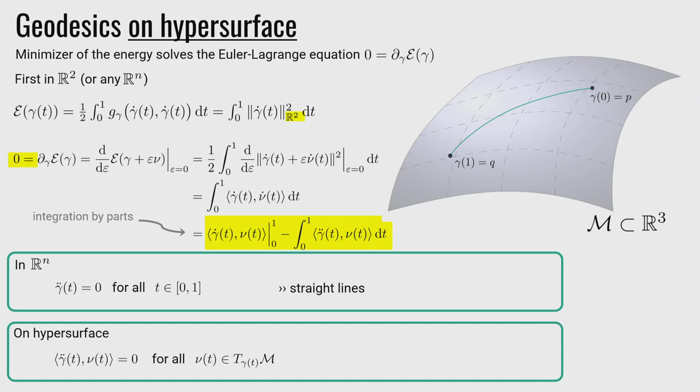So there you now compute the variation only in direction of your manifold. So the nus that you put inside are actually only tangential directions. So this means that on this hypersurface, you only have acceleration in normal direction. And this is what you can think of as having a path that is as straight as possible, but on a curved surface. So there it can't be a linear path, but it's as straight as possible.